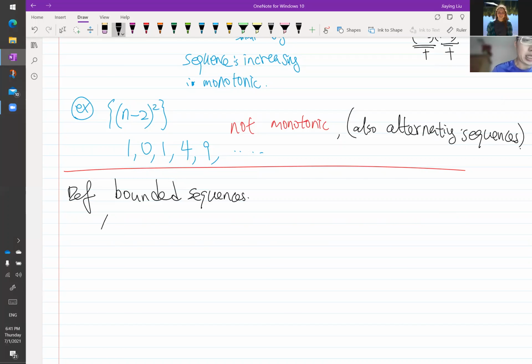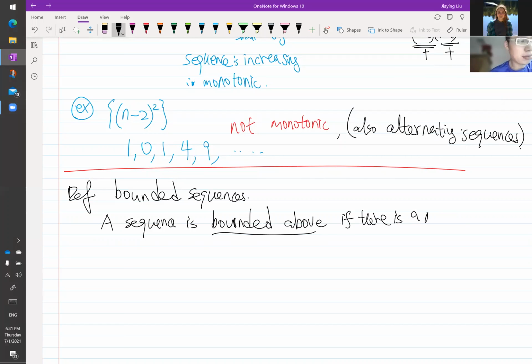So a sequence is bounded above if there is a number M, capital M, such that a_n is less than or equal to M for all n greater or equal to 1.